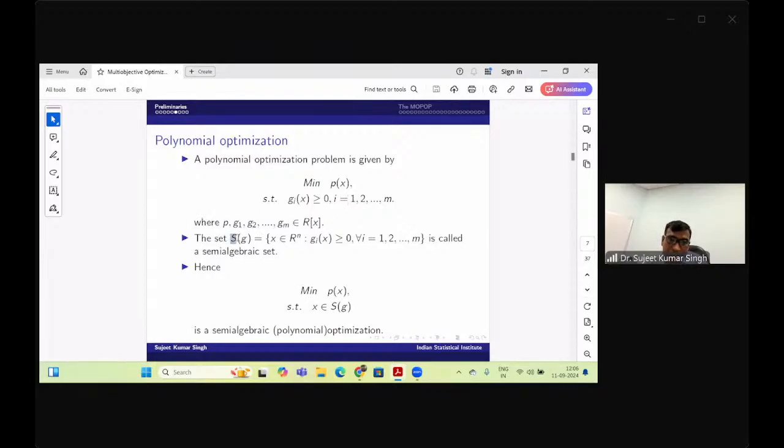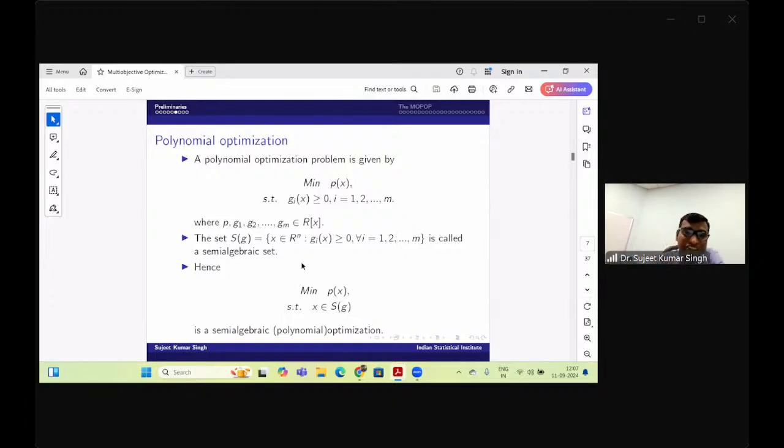Then we form a new set, denoted S(G), that consists of all those vectors in R^n where all the constraint polynomials are satisfied, that means all g_i(x) are greater than or equal to 0. Such a set is called a semi-algebraic set, a set formed by taking the intersection of the domains of multiple functions.